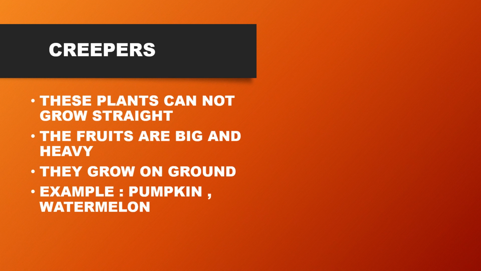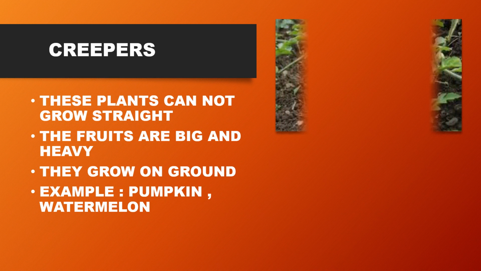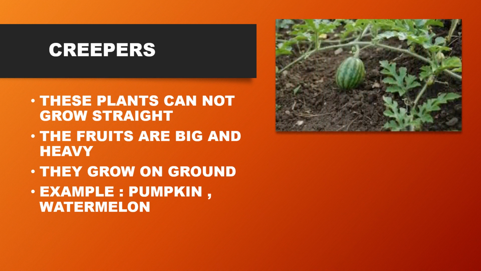Next is creepers. Creepers are those plants that cannot grow straight and they grow along the ground. Why? Because the fruits are big and heavy. Now see in this picture, can you see the first picture? It is a picture of a watermelon.